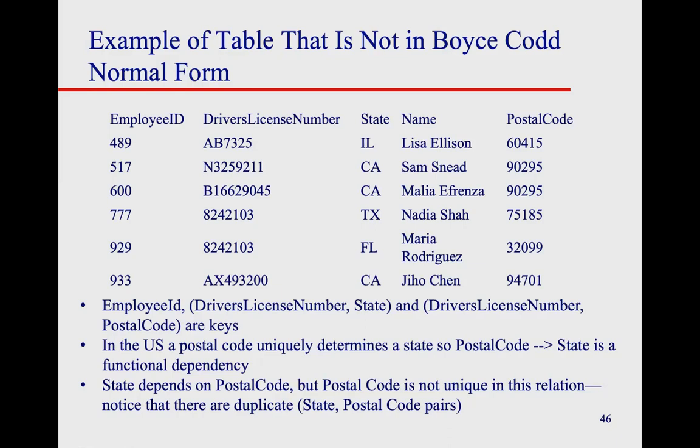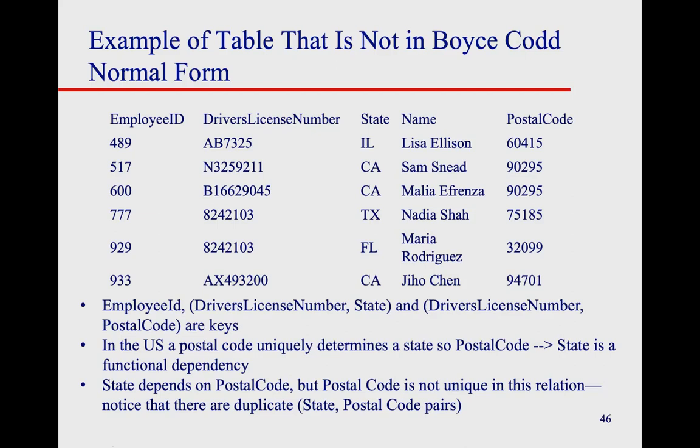So I can now more definitively answer the previous question, which is Boyce-Codd normal form is in fact stronger than generalized third normal form. Looking at this, the relation is in generalized third normal form. The only non-key attribute is name, and it is fully functionally dependent on each of the three candidate keys. So we are in generalized third normal form, but this relation is not in Boyce-Codd normal form.